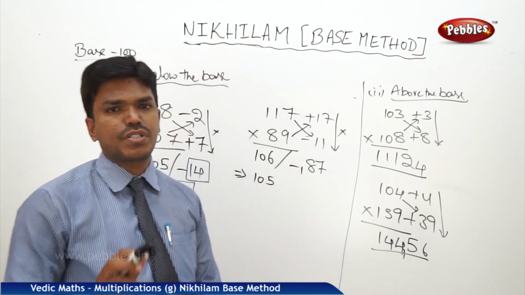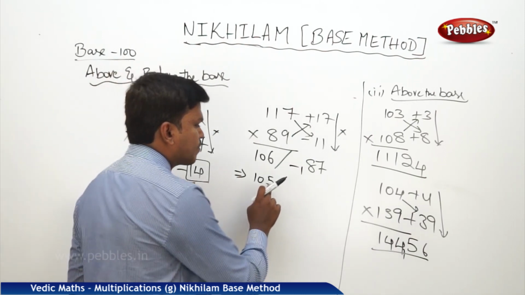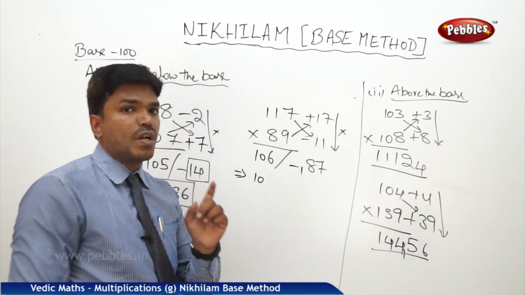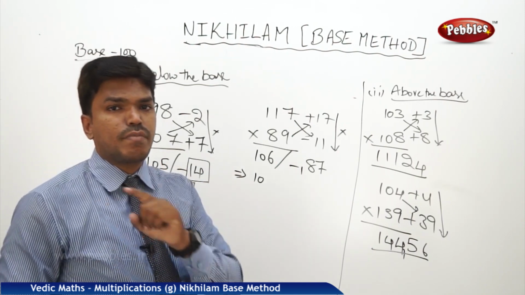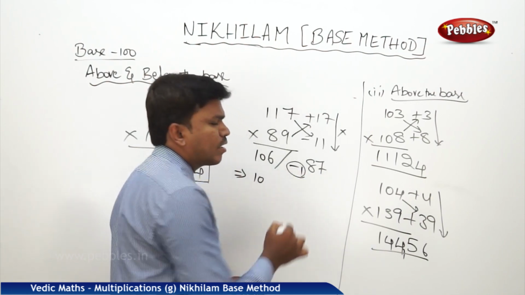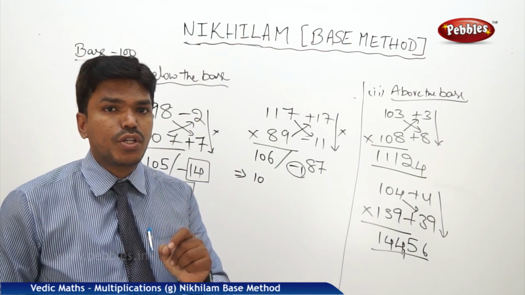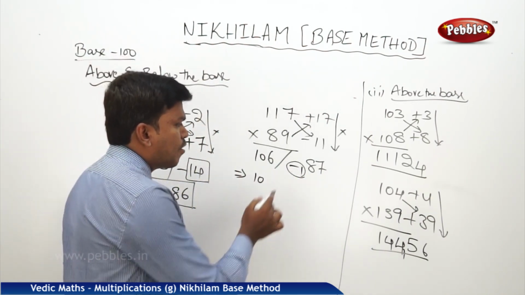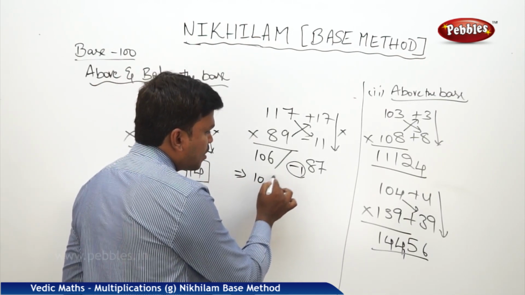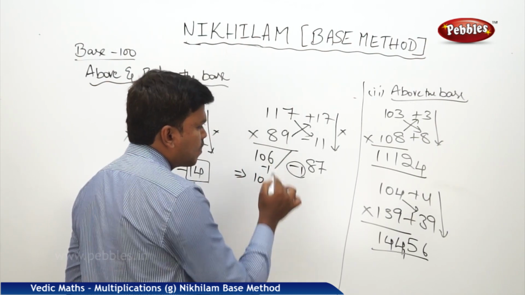But before that, I want to discuss one more thing here. Before reducing the left side part of the answer by 1, first of all, you have to carry forward this negative 1. Carry forward the negative carry to the next part of the answer. Minus 1. So first of all, we have to put minus 1 to 106.